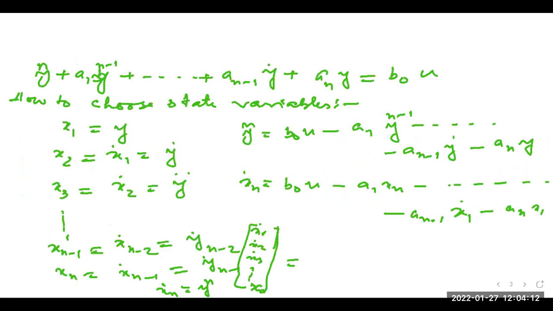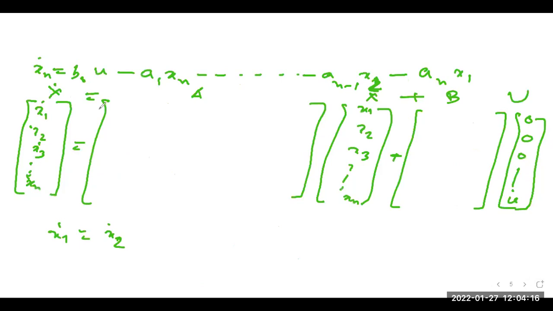So here x2 is in the second term, so this will be 0, 1, then 0 dot dot dot 0. Then x2 dot equal to x3. X3 is in the third term, so this will be 0, 0, 1, and all remaining terms will be 0.